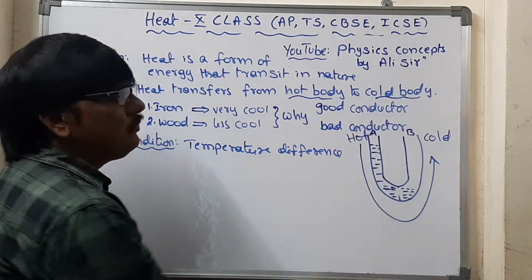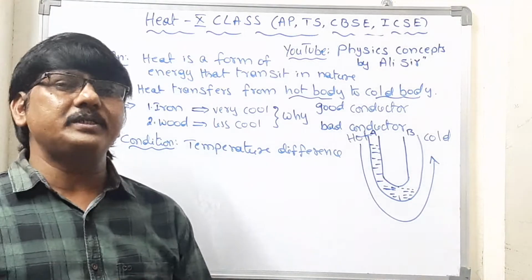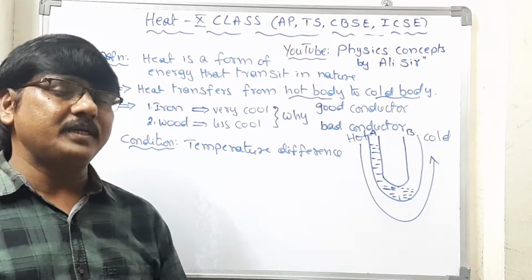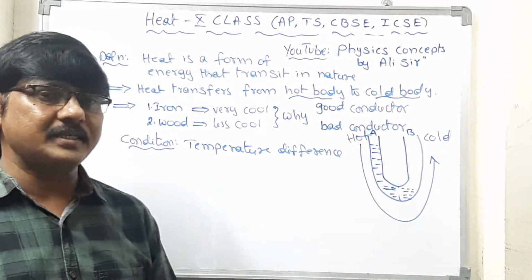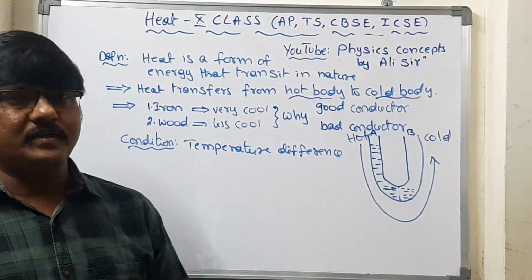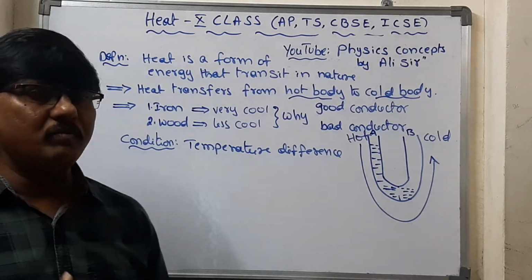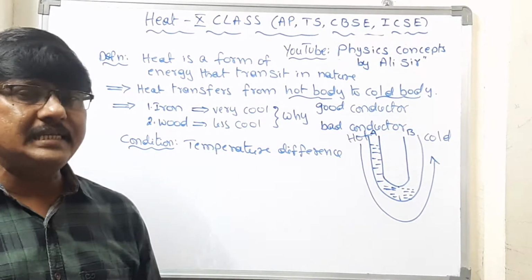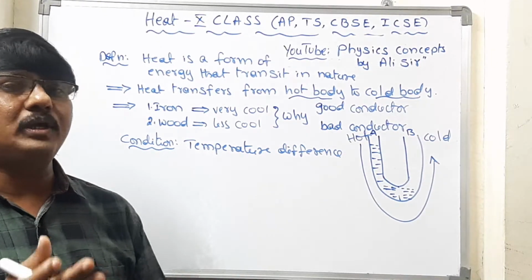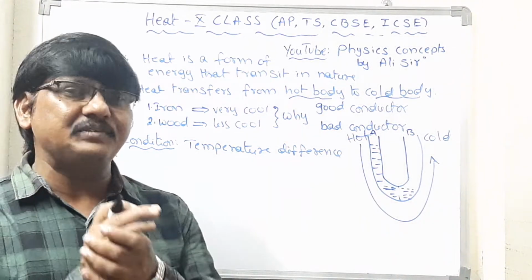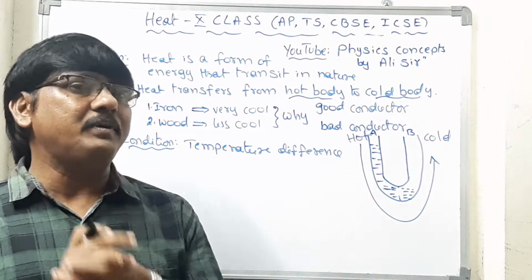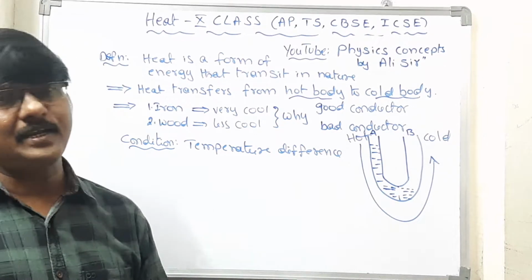When there is a temperature difference, one body has high temperature and the second body has less temperature, then the heat will be transferred. Do you understand that? So the heat will be transferred from the hot body to the cold body when there is a temperature difference between those two bodies. Only then can the heat be transferred from one body to the other body.